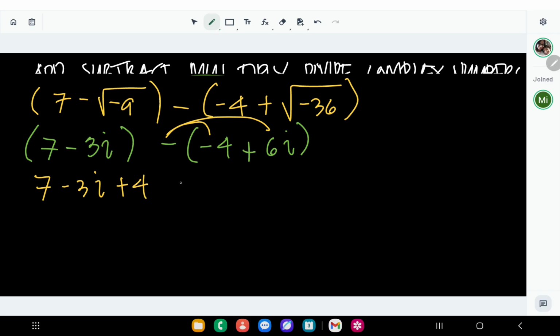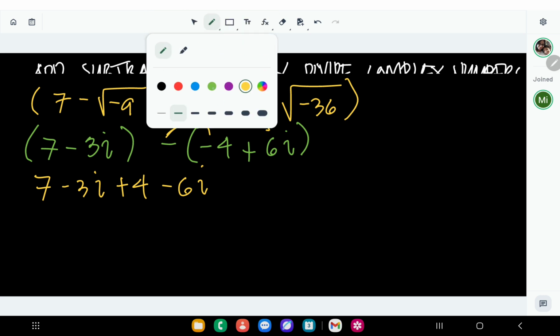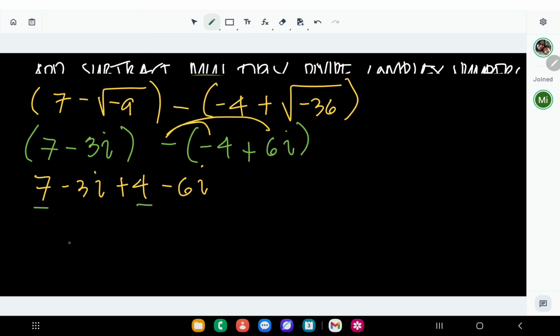Negative times positive is negative 6i. Then we group like terms. 7 plus 4 is 11. Then negative 3i minus 6i is negative 9i. So the answer here is 11 minus 9i.